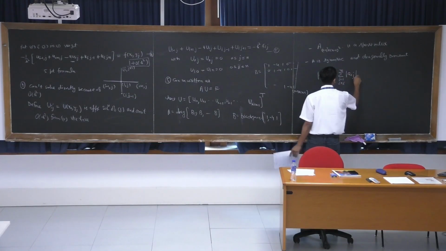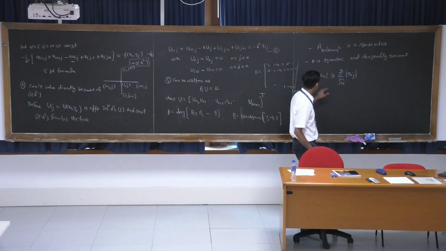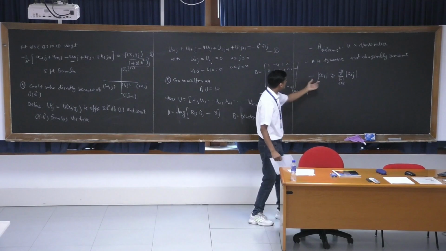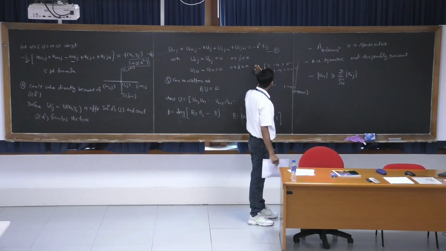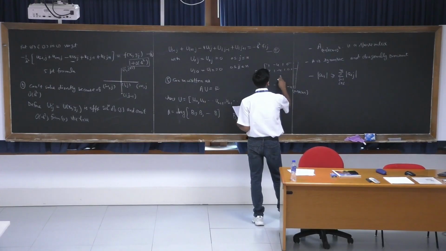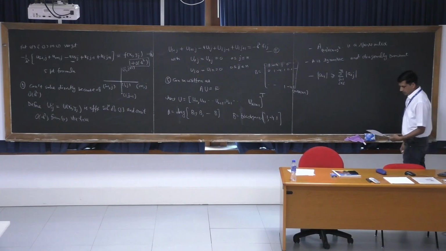If this happens, we can say that the matrix is diagonally dominant. Here the diagonal element is -4 and the others are 1, so this is okay. There is no problem.